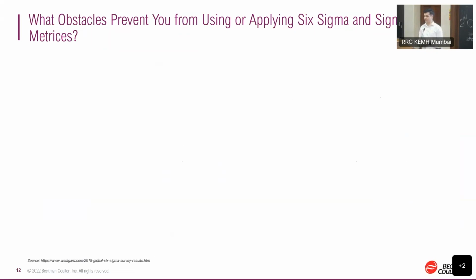And the other one is what obstacles prevent you from applying Six Sigma and sigma metrics. So what do you think? Have you thought of Six Sigma and of applying and incorporating it? And what was preventing it? What hurdles are you facing?